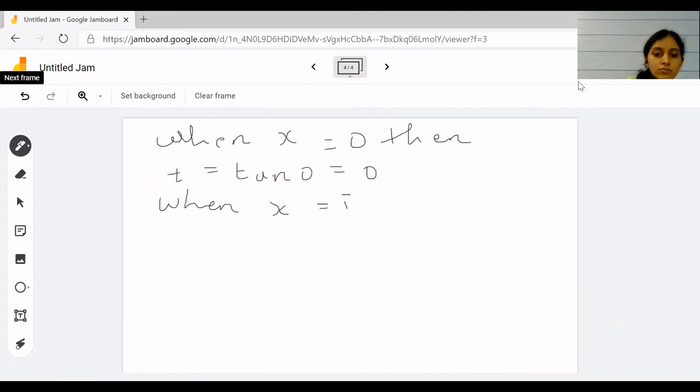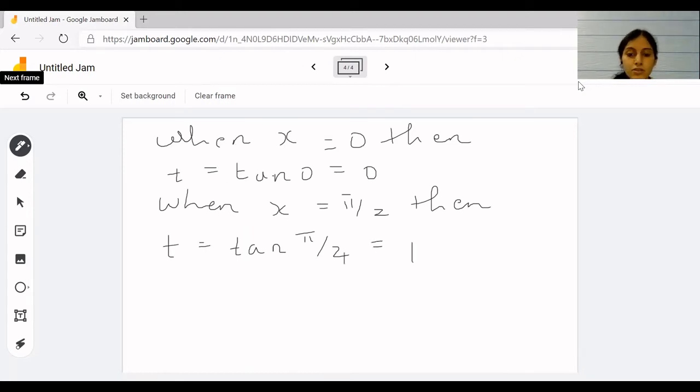So when x is equal to pi by 2, then t will be equal to tan of pi by 4, which is 1. Why pi by 4? Because it is x upon 2. So t is tan of x upon 2. So pi by 4. So t value is 1.